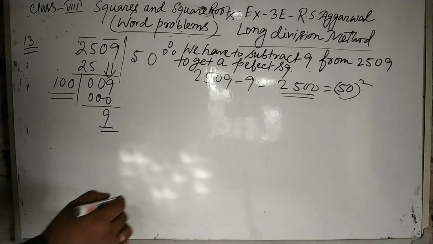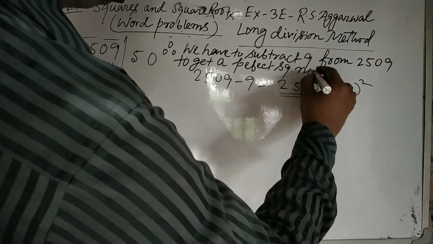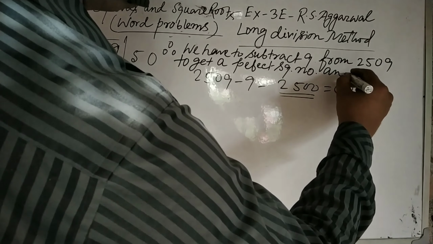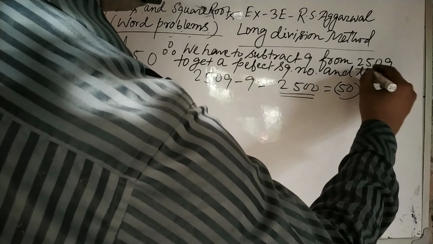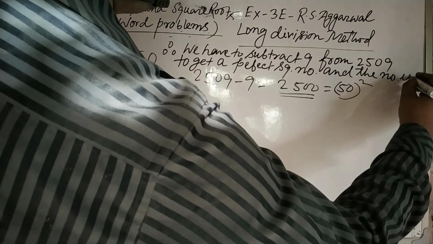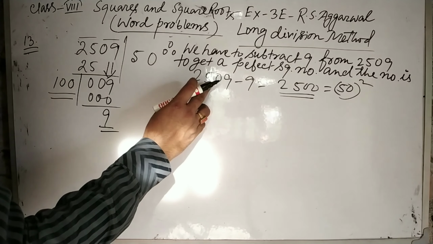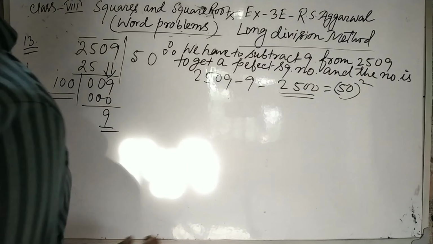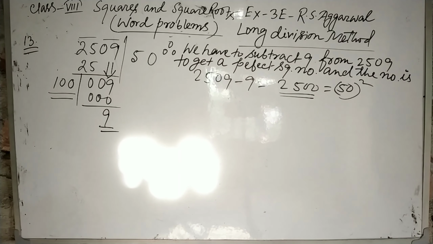SQ dot means square number. NO dot means number. And the number is 2509 minus 9, that is 2500, which is 50 whole square. Very easy sum.